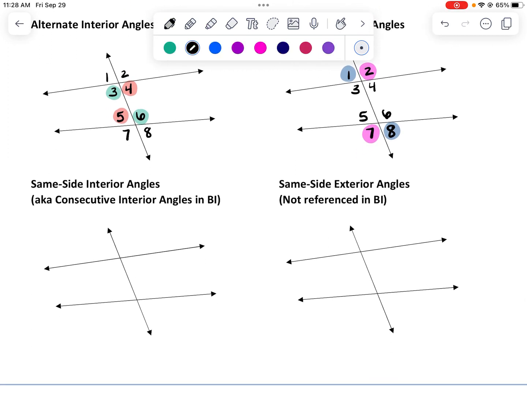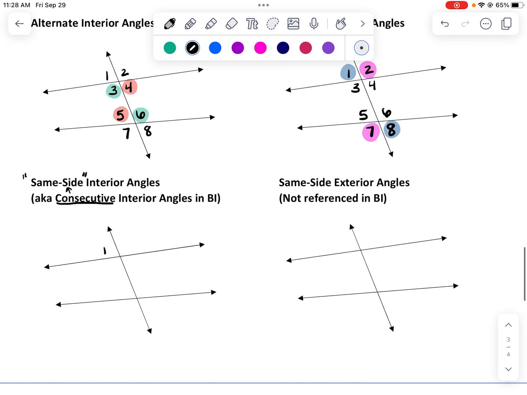Okay, now, your math book, Big Ideas, calls them consecutive. To help us, consecutive, I think of same side. Consecutive means in a row on the same side. So same side interior angles. I'm going to go ahead and number them.